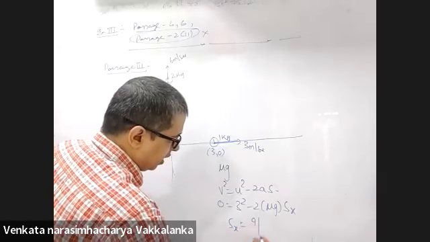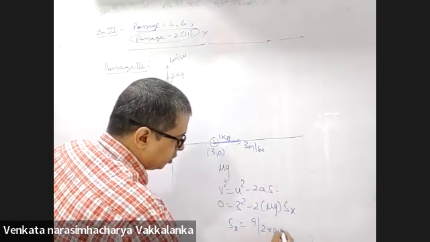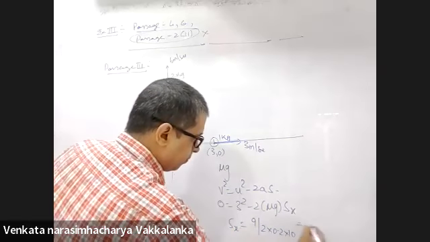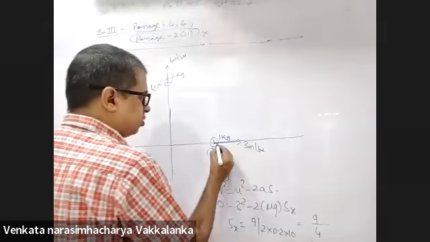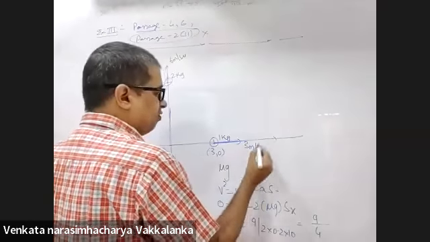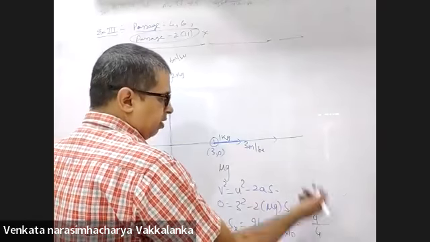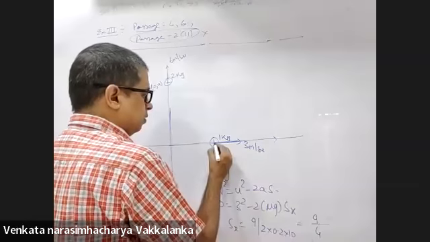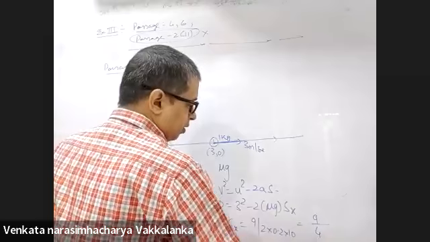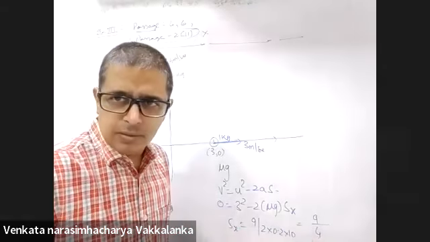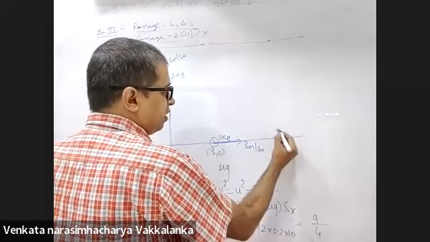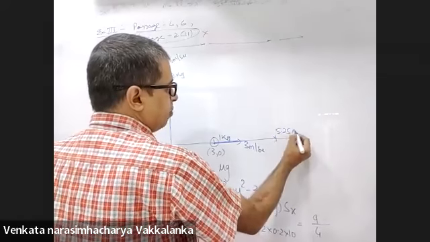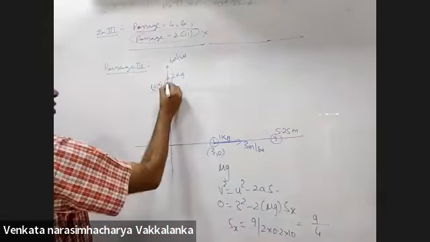Sx is 9 by 2 into 0.2 into 10, 9 by 4. This will move a distance of 9 by 4. 9 by 4 is how much? 2.25. So 3 plus 2.25 is 5.25. 5.25 meters. This particle will come to rest.